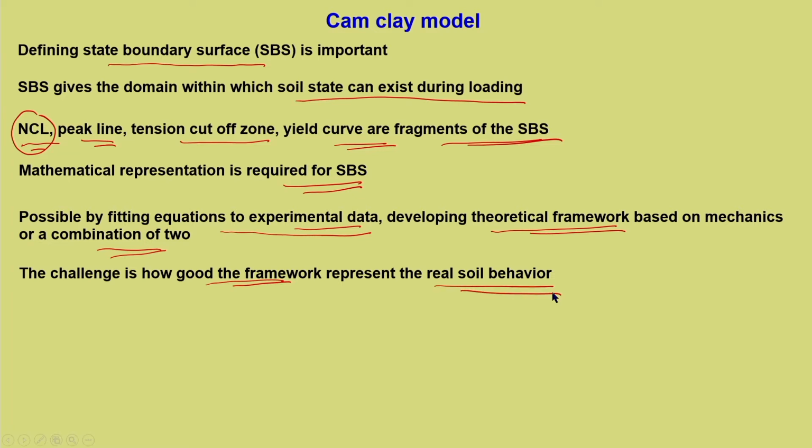We are trying to mathematically quantify something which is beyond our imagination, and that is soil behavior. We have to admit that in spite of all our knowledge and development, there is still a gap in understanding the actual soil behavior.